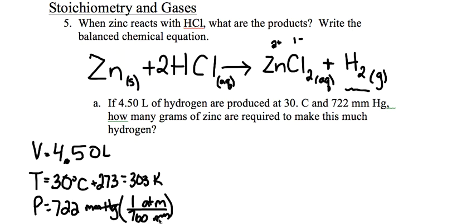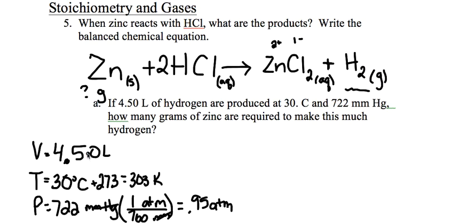So that will cancel those units, and I will get a little bit less than 1 atmosphere, or 0.95 ATM. And that is all of the information given in the problem. I'm supposed to find how many grams of zinc, this is what I'm going to be looking for, are required to make this much hydrogen.